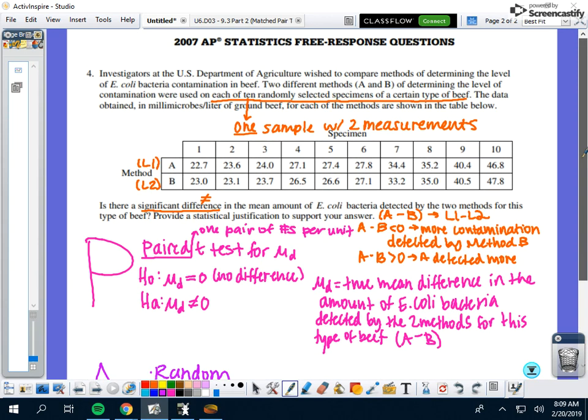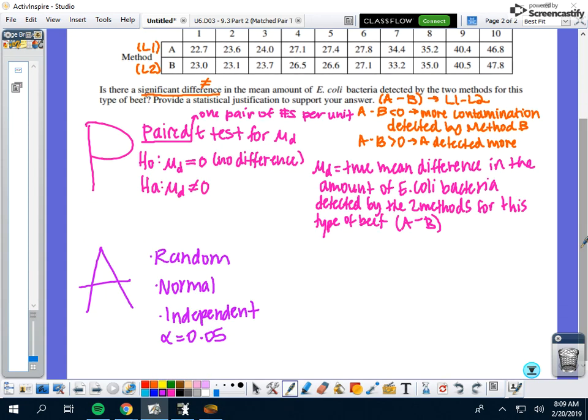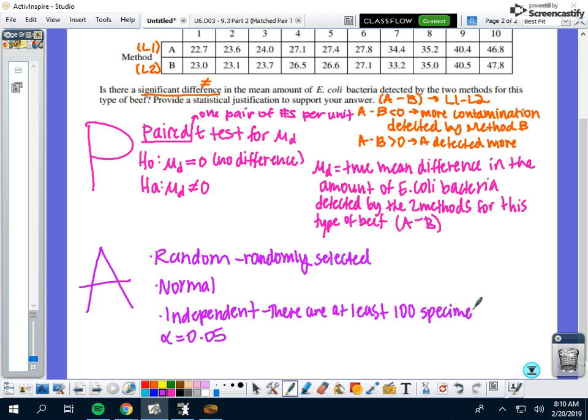So we have randomly selected specimens of a certain type of beef. Because this was not random assignment, then my independent is the standard. There are at least 10 times 10, 100 specimens of this type of beef.